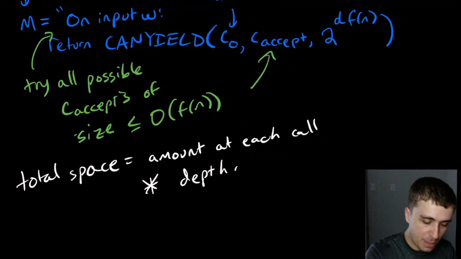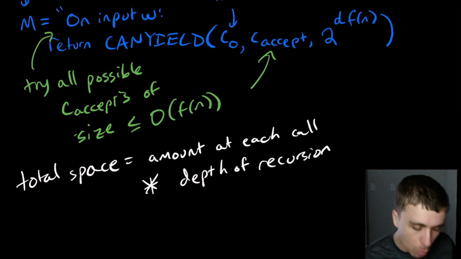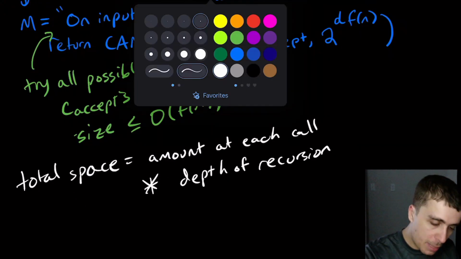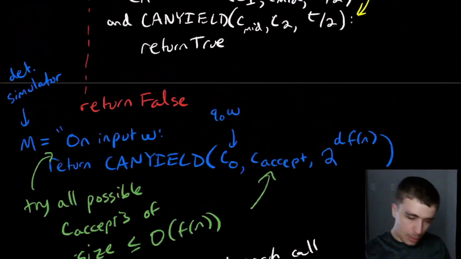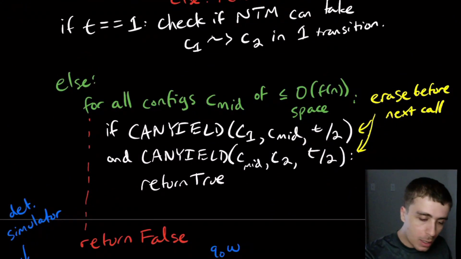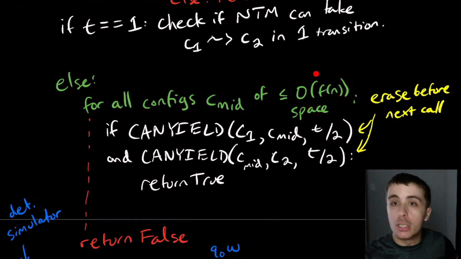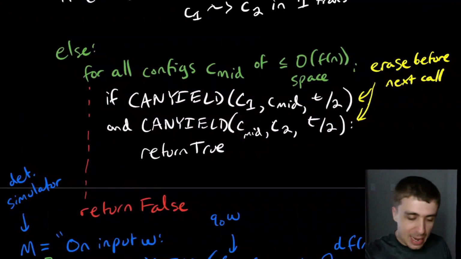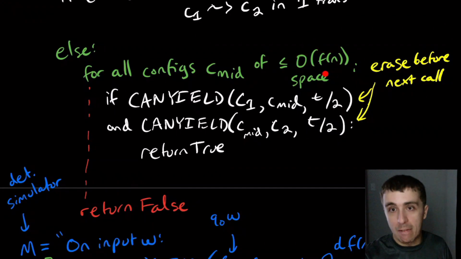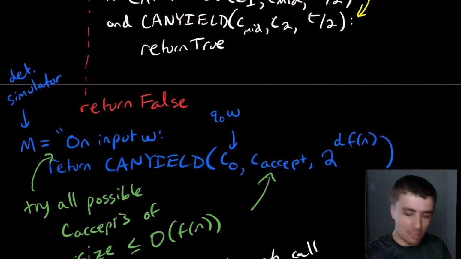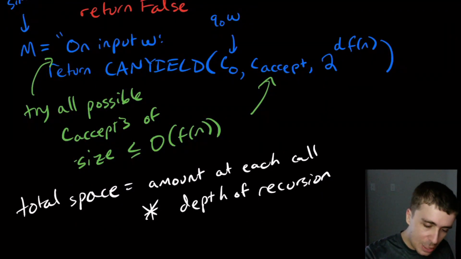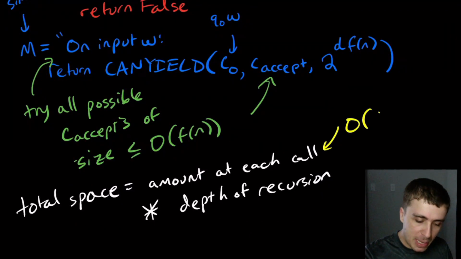So the depth of the recursion. Well, let's see, what is the amount at each call? If we examine what we did here, we looked at every configuration of f of n size, right? And we never use more than f of n. It might increase the constant, but it's some constant times f of n. So the amount at each call is going to be big O of f of n.